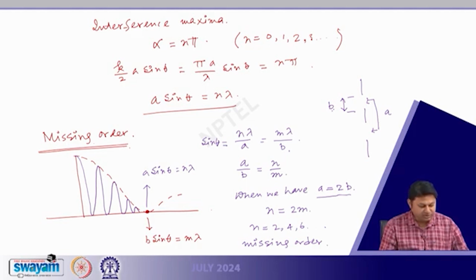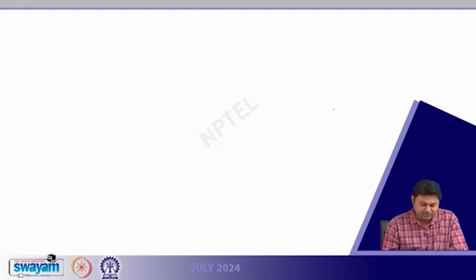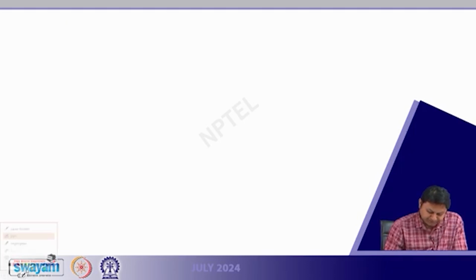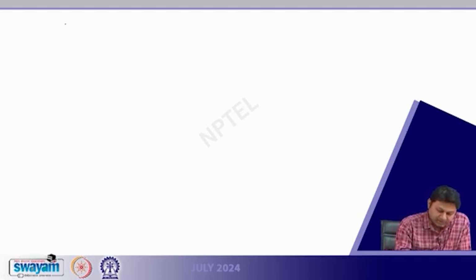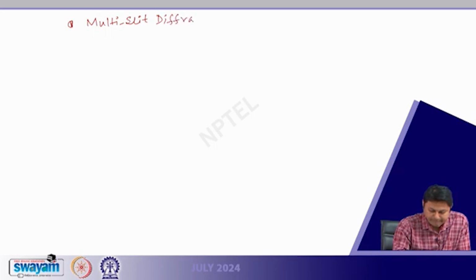Now, let us go forward to understand what happens when, instead of one or two slits, we have many slits. So, next we start multi-slit diffraction, the most general case, and formally it is called the grating.